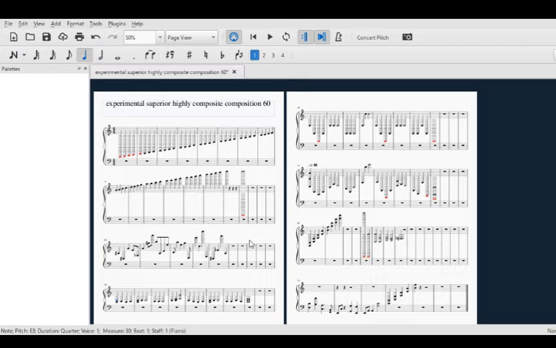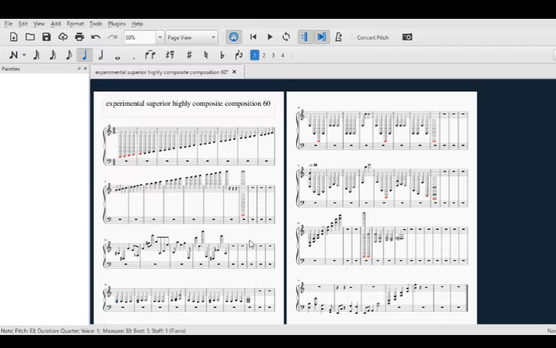So there's 60 equal tempered tones in total between one C and another. It takes 60 microtones to get to one full octave.